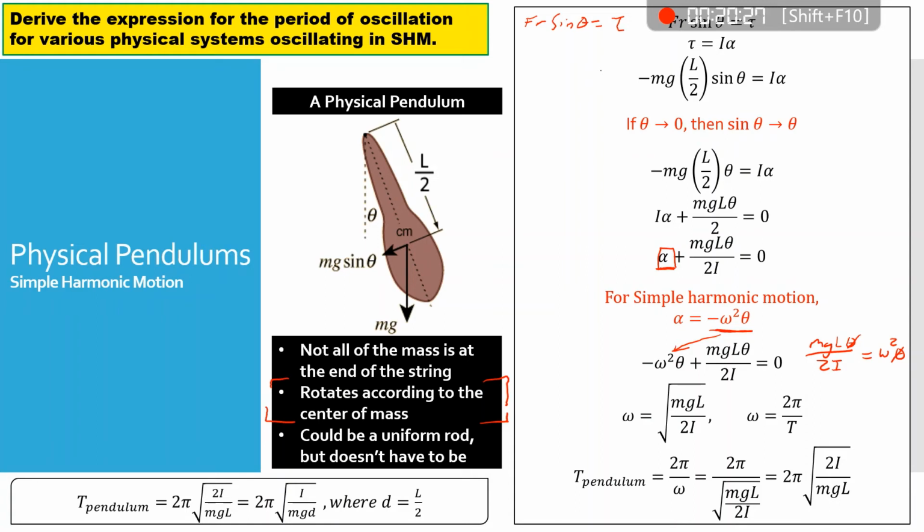All right, any questions on physical pendulums? No. Okay. Once again, what is our L for this problem? L is the length from the end to the center. Not the length from the end to the center, actually.